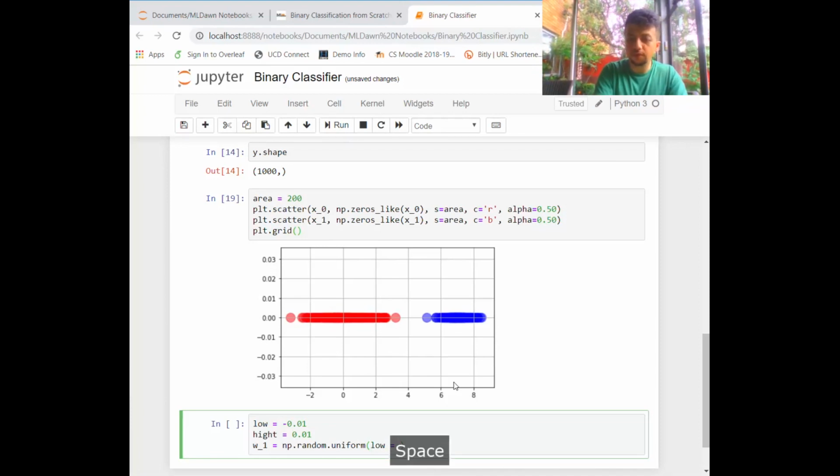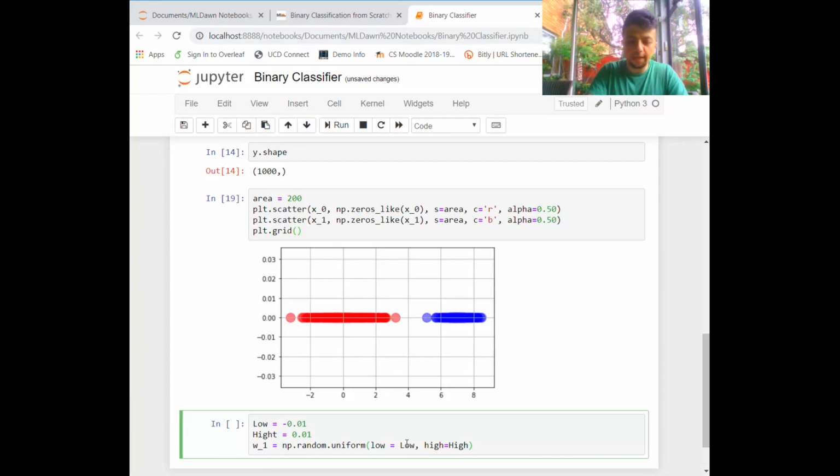Low equals, let's define this with a capital just to avoid any interference with the actual embedded arguments of this uniform function. And so low equals Low and high equals High.